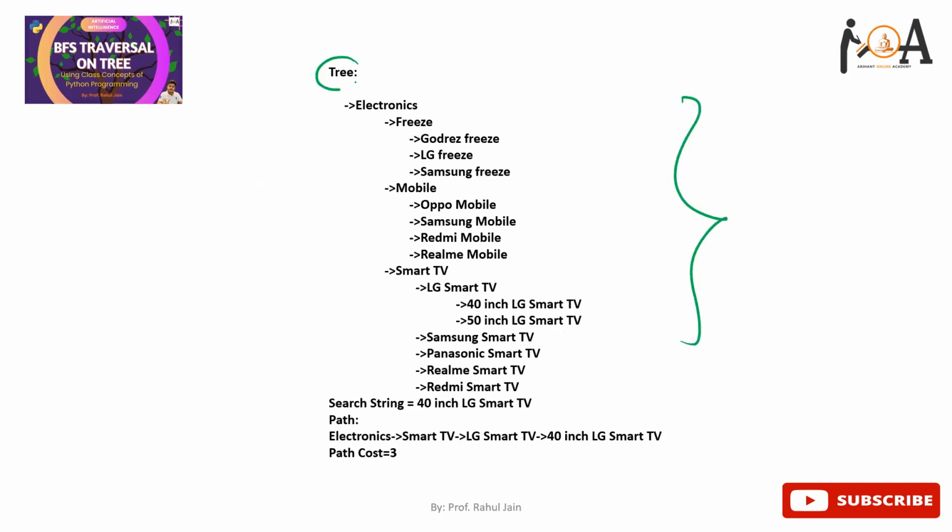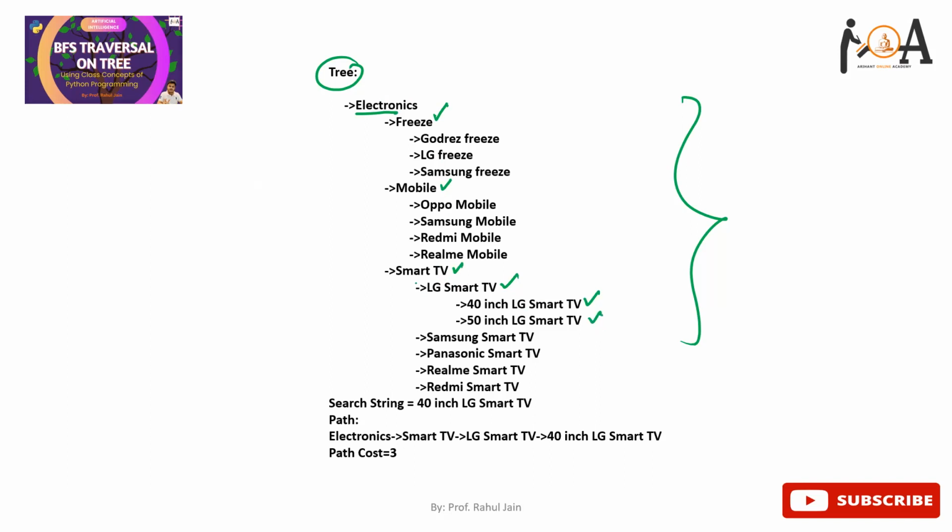So you need to make a tree like this, in which Electronics is the main node, or you can say the root node. Under this root node, one node is Fridge, another node is Mobile, another node is Smart TV. Under Smart TV, we further have some more nodes, that is LG Smart TV. Under this node, we have two more nodes, that is 40-inch LG TV and 50-inch LG Smart TV.